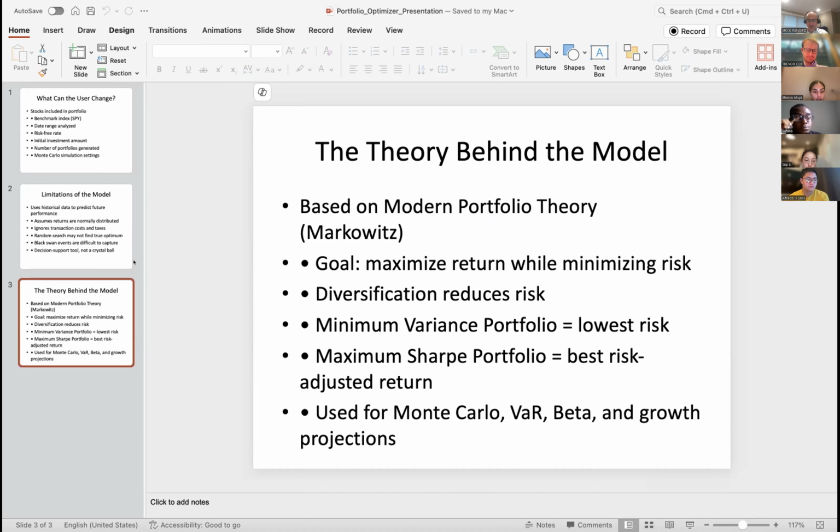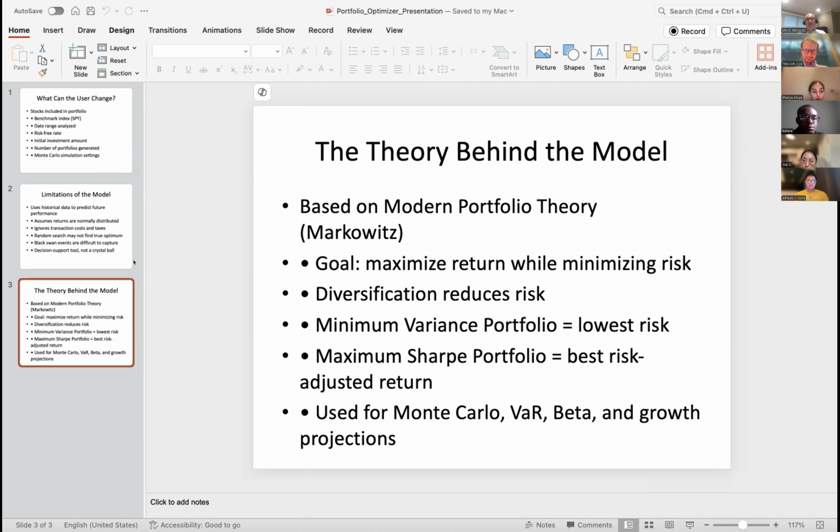And the important intuition is that portfolio risk is not just the average risk of the stocks, but it also depends on how the stocks move together. That is why the code calculates a covariance matrix and a correlation matrix. We can go back and look at it at the end of this slide.